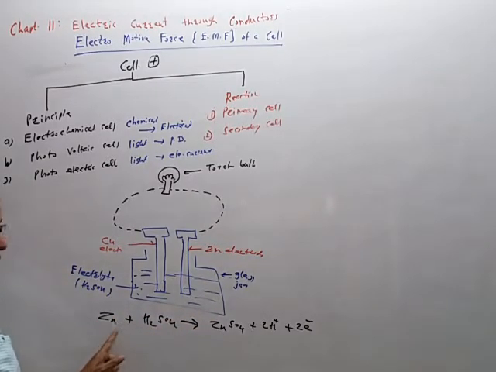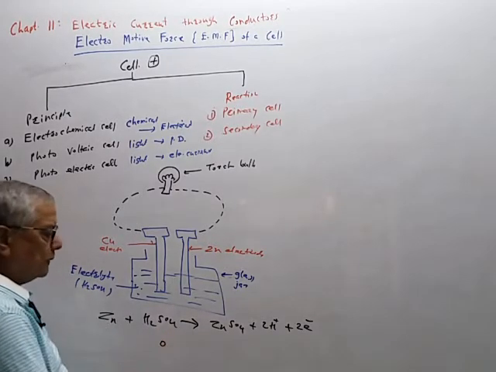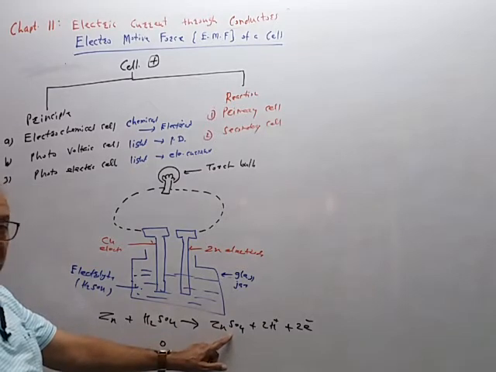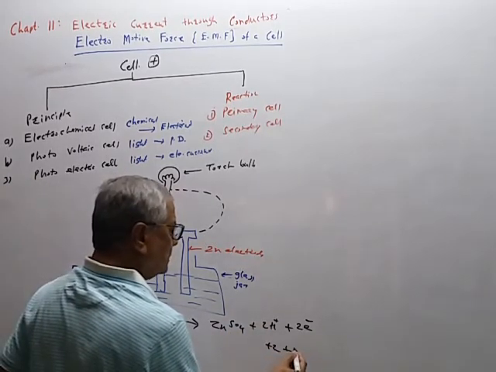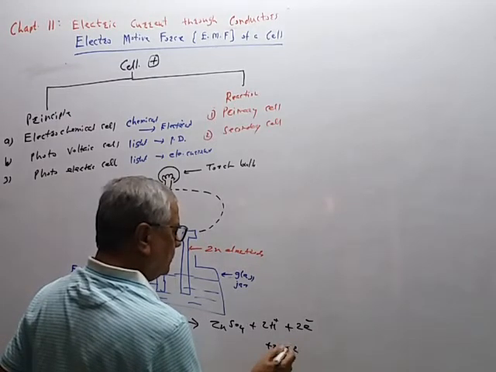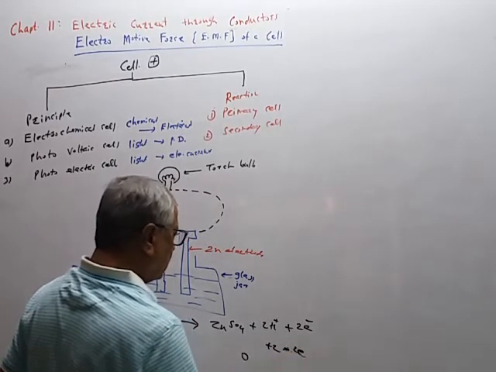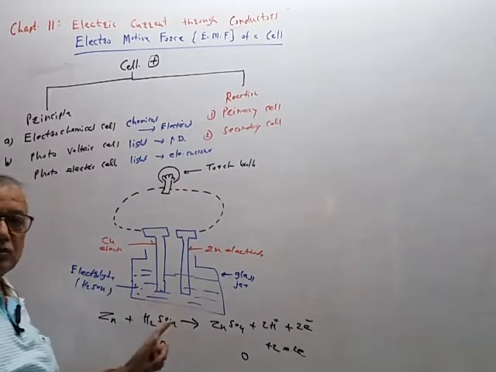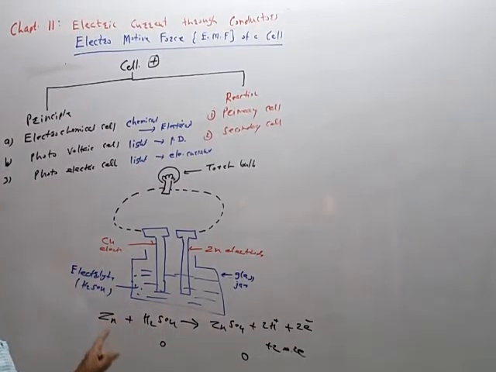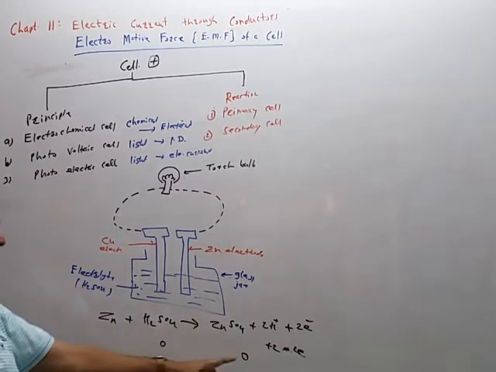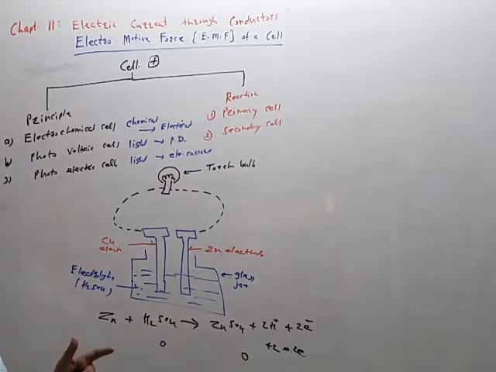Zinc is electrically neutral, H2SO4 is initially electrically neutral, so 0 plus 0, the total charge on the left hand side is 0. On the right hand side, this is neutral, this is plus 2, this is minus 2, so the total charge is 0. So the law of conservation of charge holds good. Before the reaction and after the reaction, the total charge remains 0.